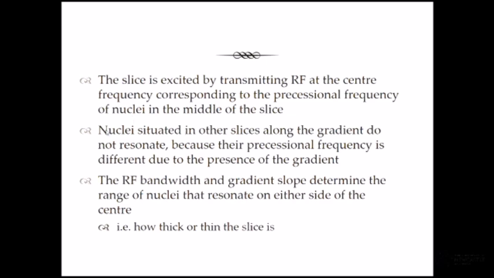But the important thing is that nuclei in the other slices along the gradient are not at the same resonant frequency as the one that we've selected, so the RF doesn't flip them into the transverse plane, because they're not on resonance. So the RF bandwidth and the gradient slope determine the range of nuclei that resonate on either side of the centre, essentially how thick or thin the slice is.